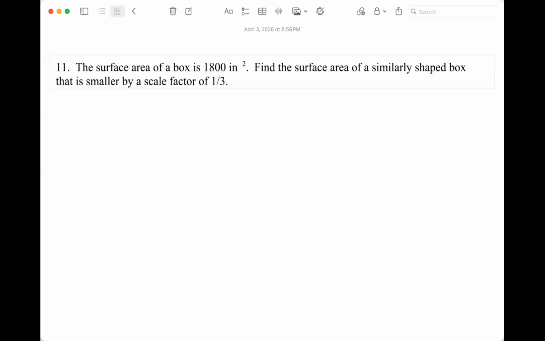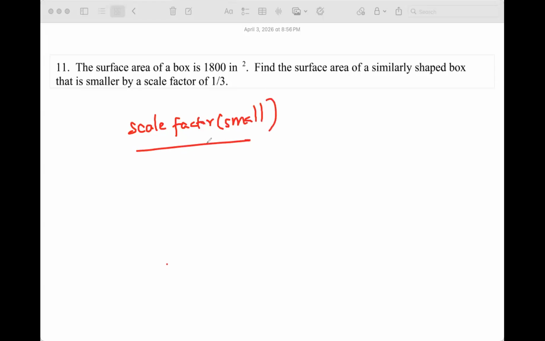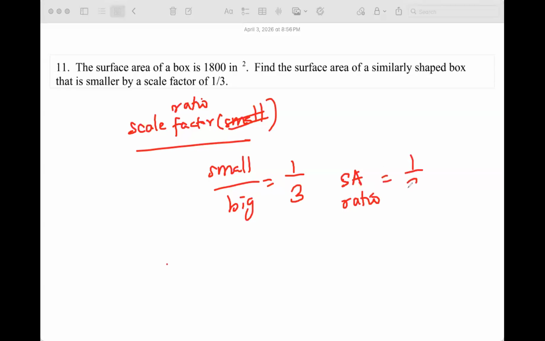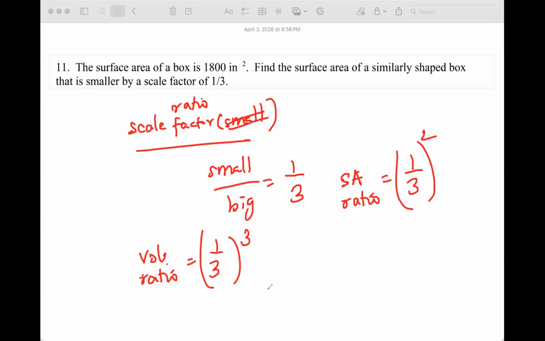For area, what is the ratio of their areas? Let me go ahead and show you. Scale factor, small by big, is 1 by 3. Now these are similar solids, so the surface area ratio will be 1 by 3 the whole squared. The volume ratio of these two similar solids will be 1 by 3 the whole cubed.